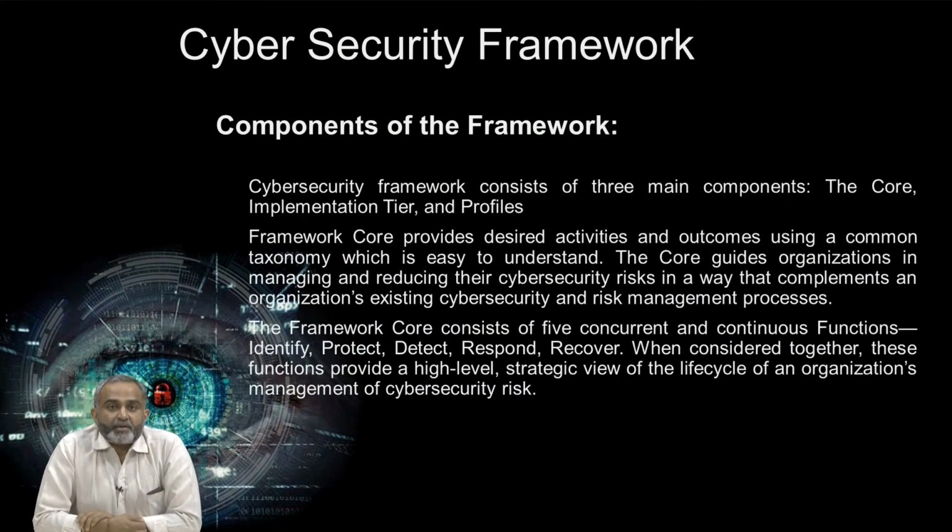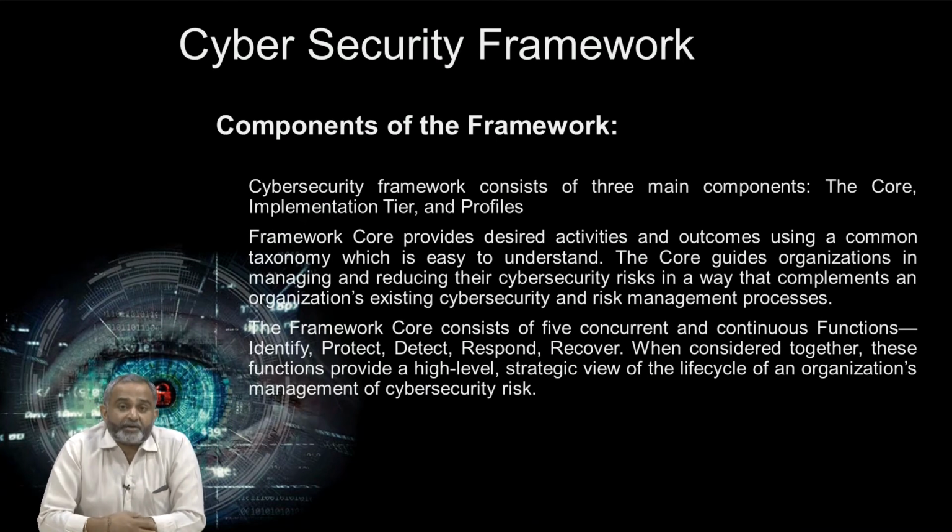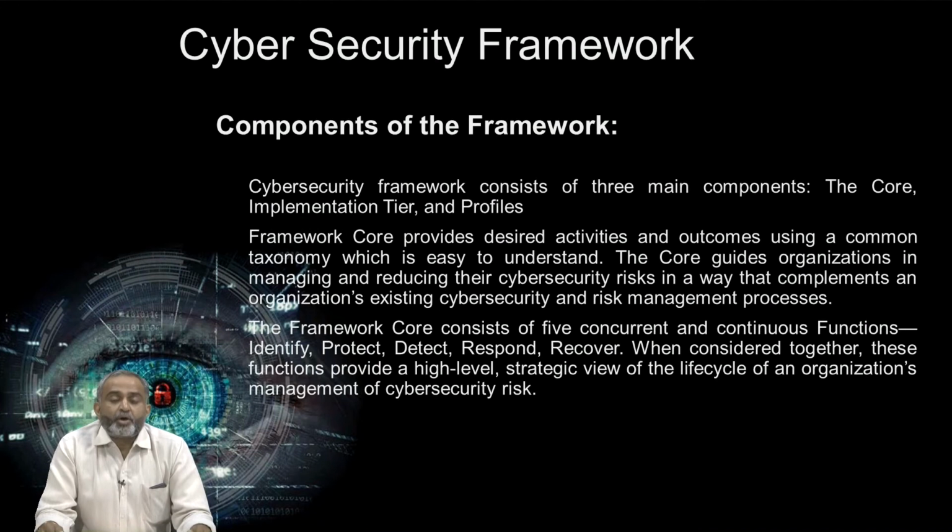Now, the next topic is components of the cyber security framework. Mainly there are three components: core, implementation, and profile. Now, the core component provides some common taxonomy which is easy to understand.